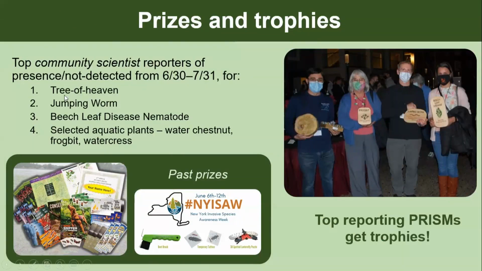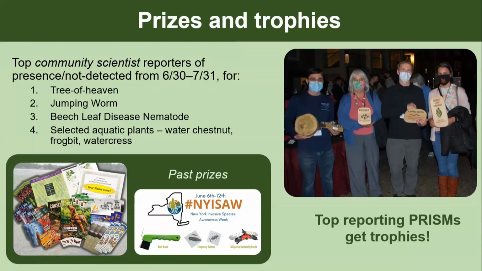So the top reporter of tree of heaven will get a prize, top reporter of jumping worm, top reporter of beech leaf disease nematode, and then the top reporter of the combined total of the three different aquatic species we have this year.